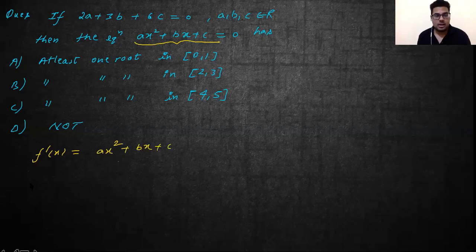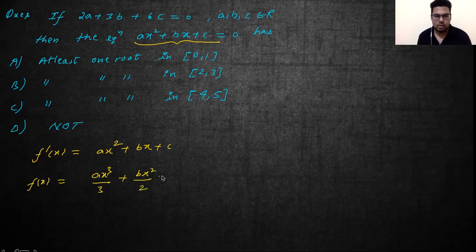So we have f of x equals ax cube by 3 plus bx square by 2 plus cx. We will not be introducing any constant because it is up to us; we can take any function that we like. This is the function f(x), and its derivative is this.